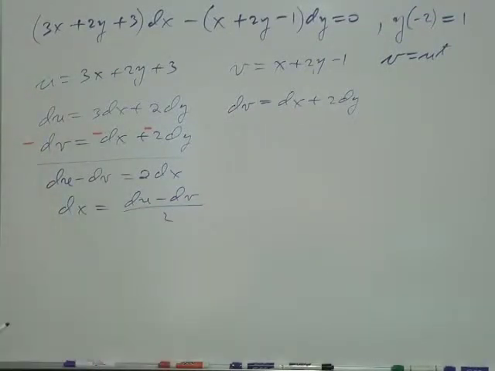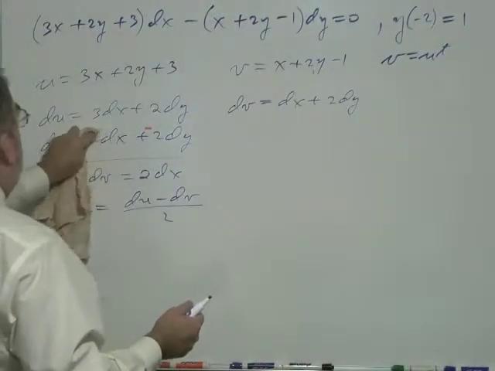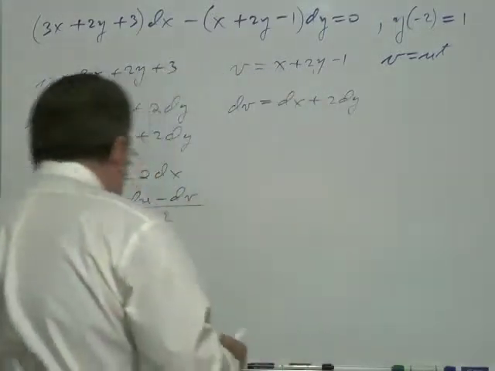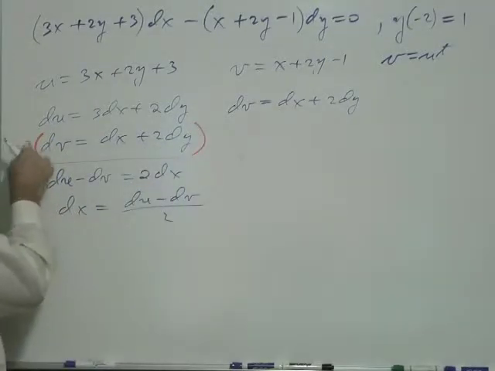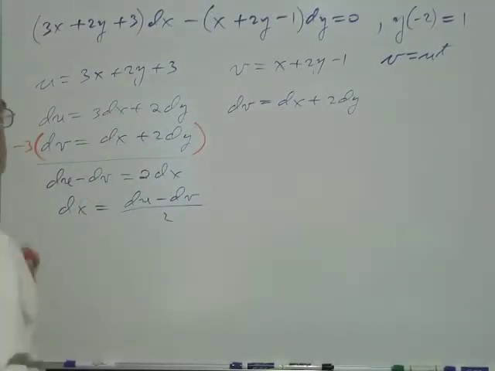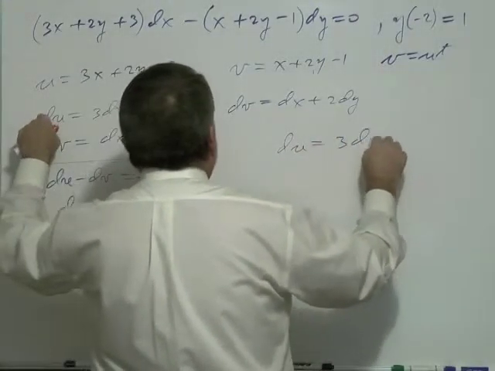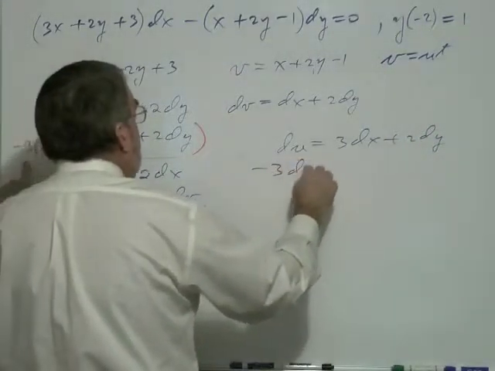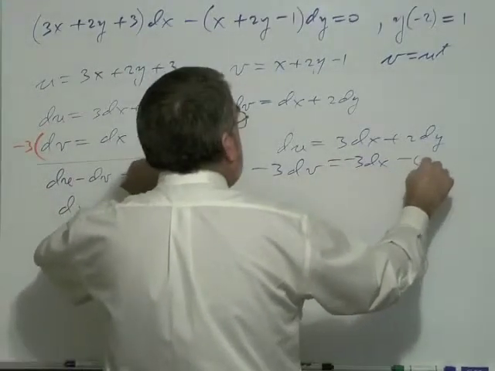And now we have to also solve for dy. So I'll go back to this system of equations, and now I'm going to eliminate the dx terms. I'm going to multiply this equation here by -3, so I can eliminate the dx's. That gives us, I'll rewrite this one, du equals 3 dx plus 2 dy, and then -3 dv equals -3 dx minus 6 dy.